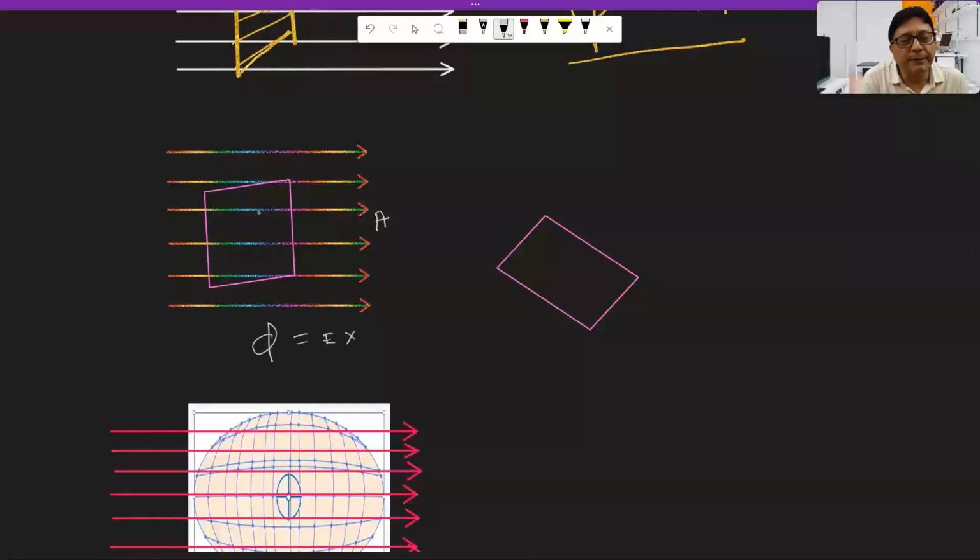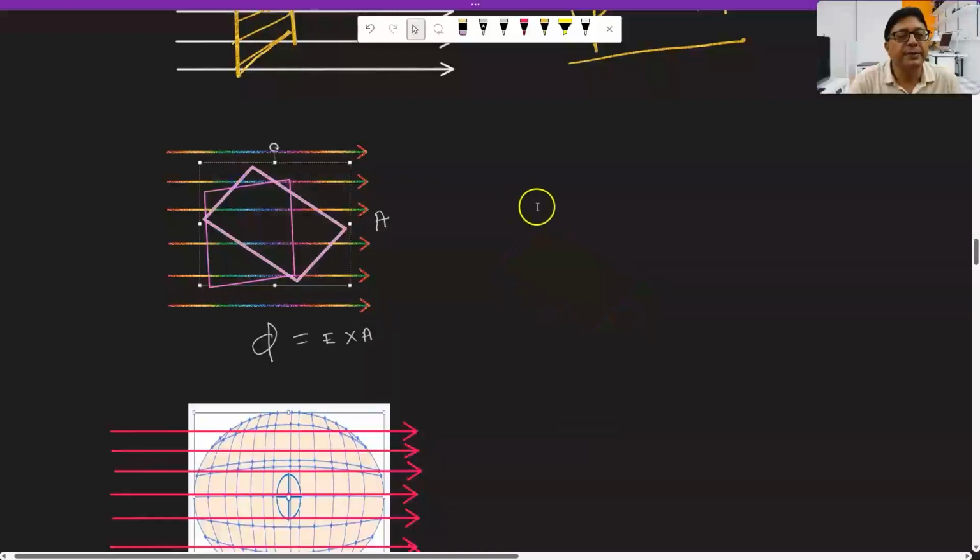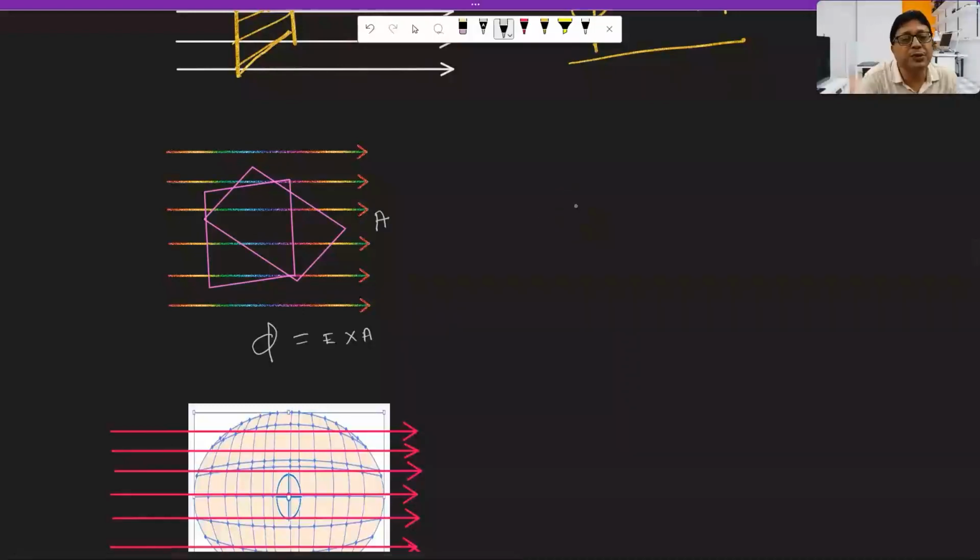Strength of electric field into area. But the problem arises when the surface is a little bit tilted. Then do you think the same number of lines of forces will pass through this area also? Magnitude of area is the same. If this one is A, this one is also A. But here, in the second position of the plane, less number of lines of forces will pass.